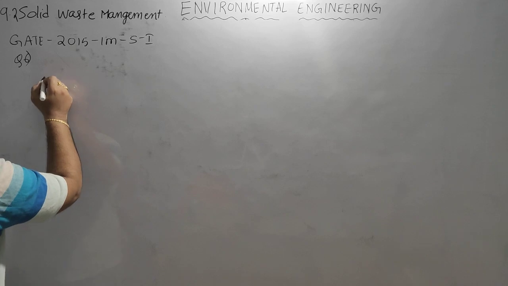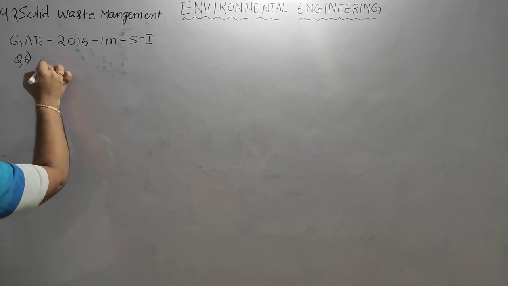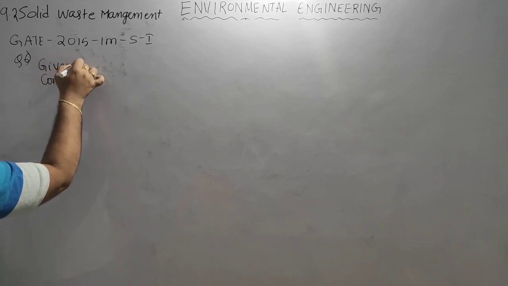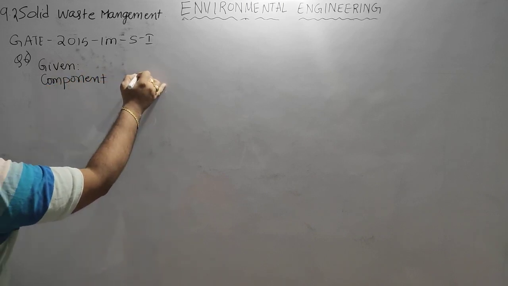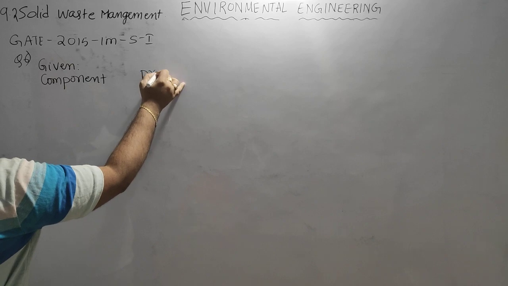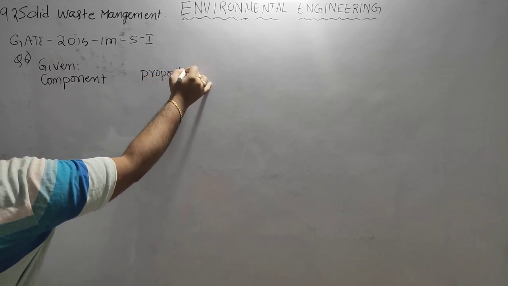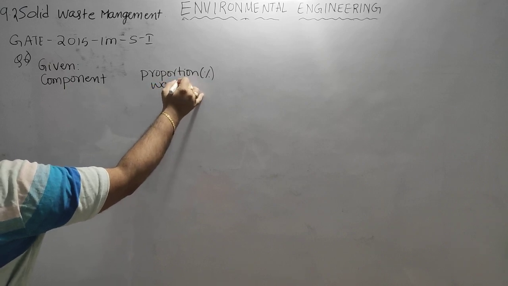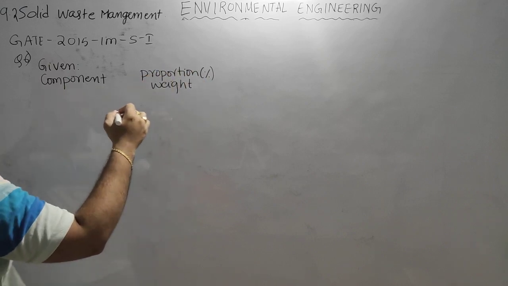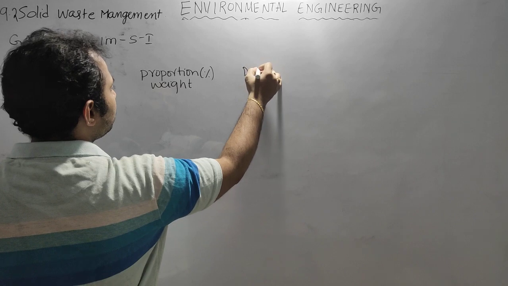Okay. So what is the given data? The given data is component, proportion, percentage weight, and the density is given.